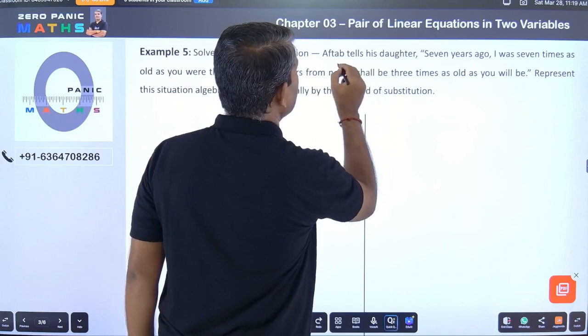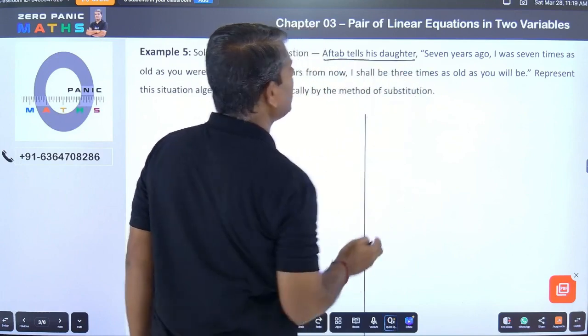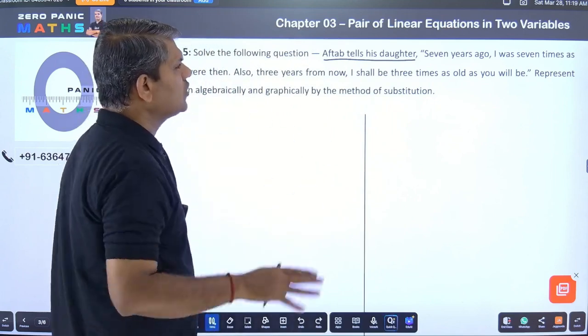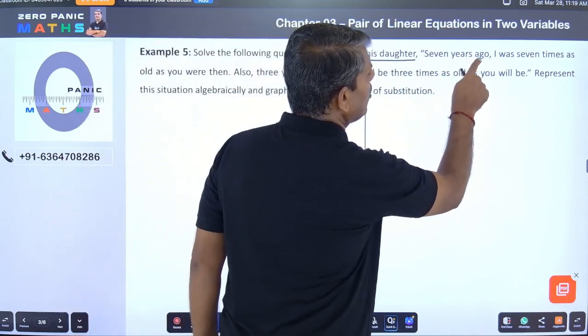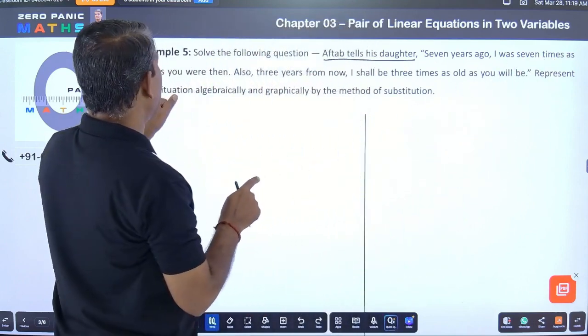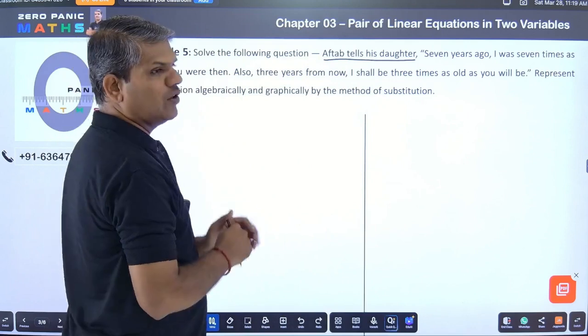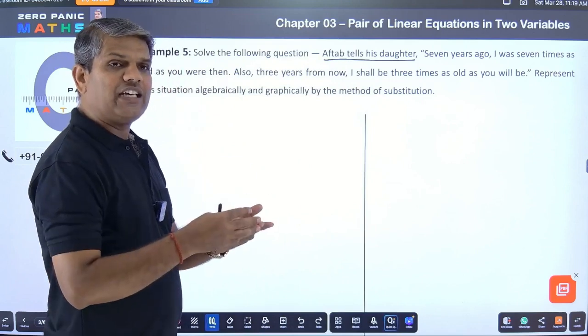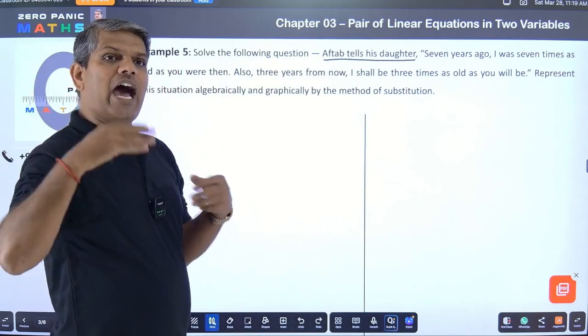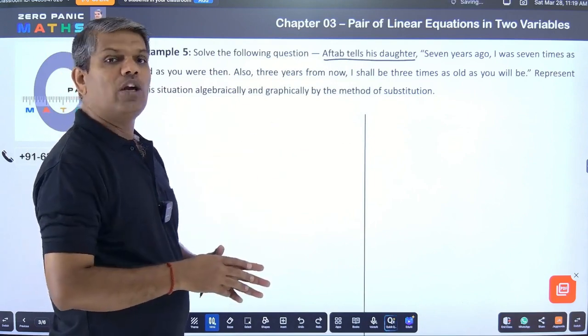Aftab tells his daughter. So there are two characters here, Aftab and his daughter. "7 years ago I was 7 times as old as you were then." He is telling his daughter that 7 years back I was 7 times older than you.